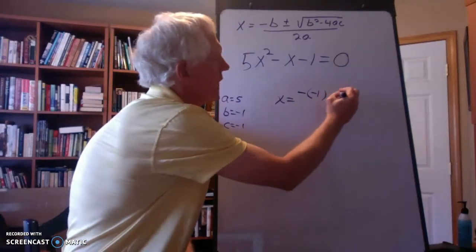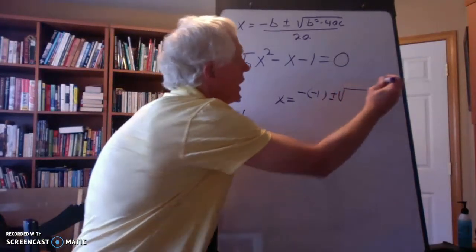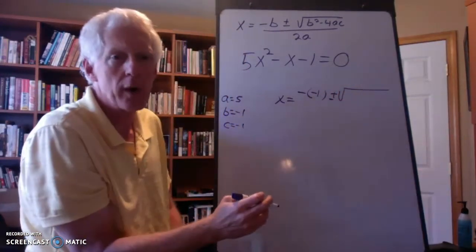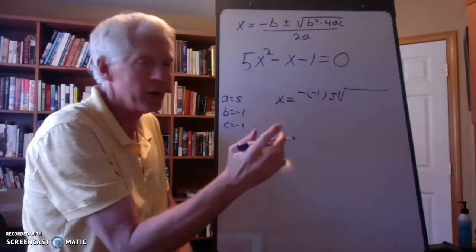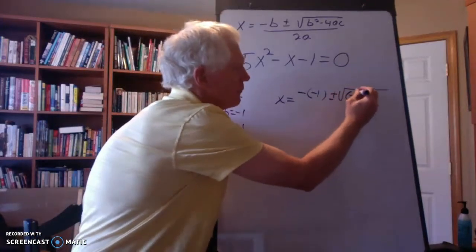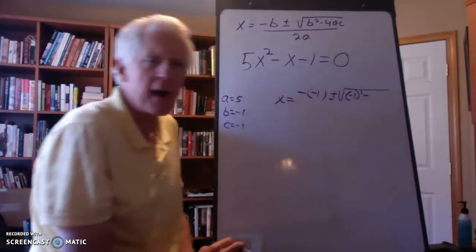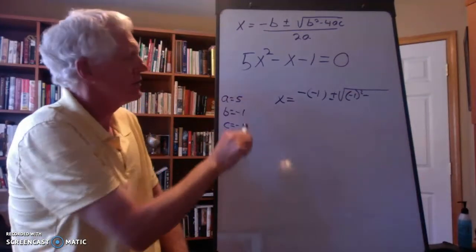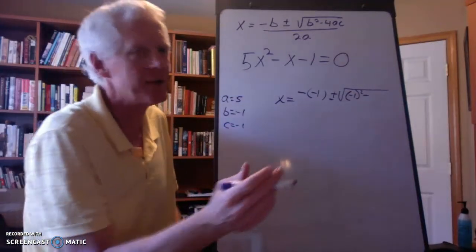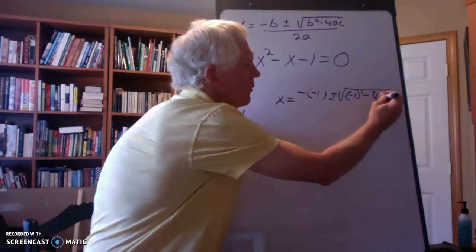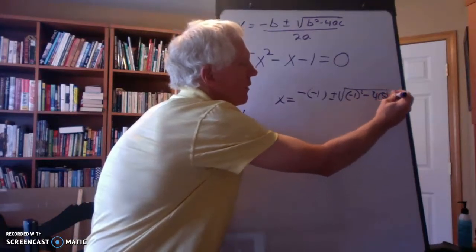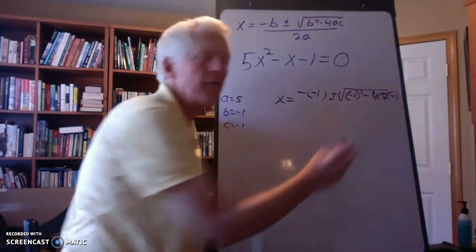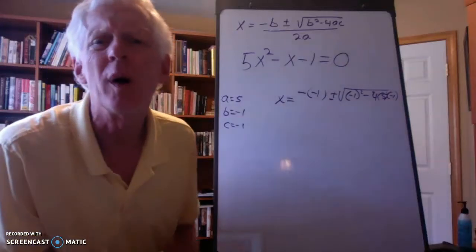Negative 1 plus or minus the square root of b squared, which is negative 1 squared. I'll write it out. Minus 4 times 5 times negative 1. Boy, there's some minuses here. 4 times 5 times negative 1. Can you read that in there?